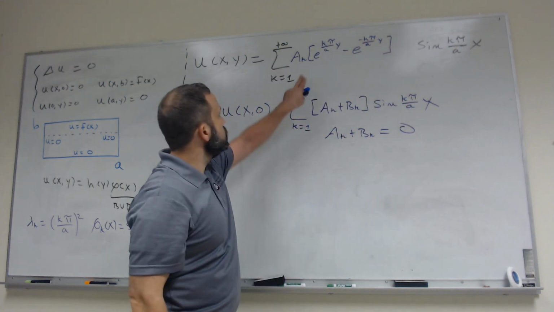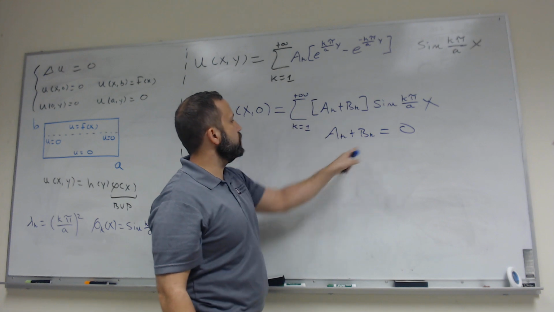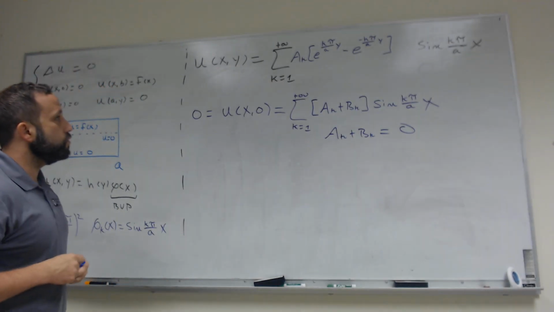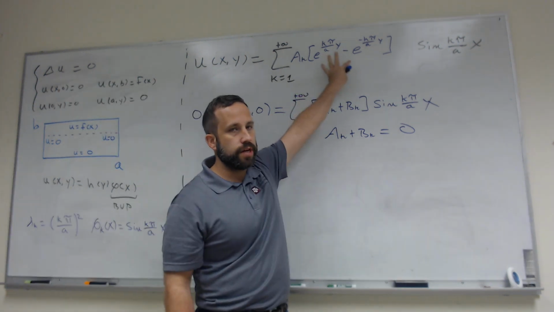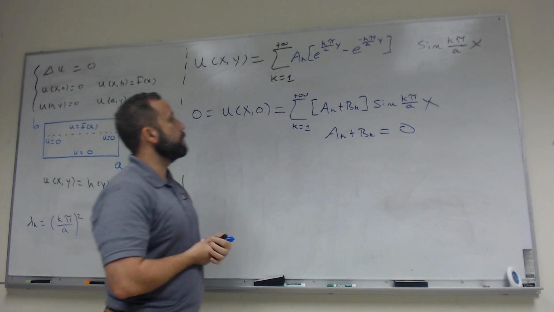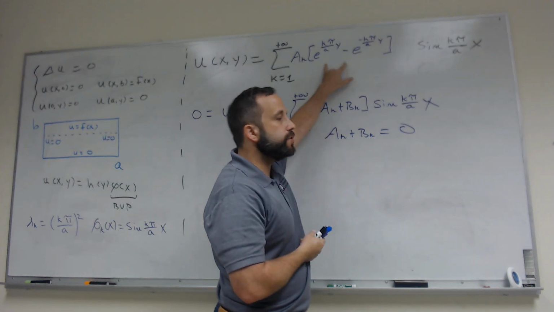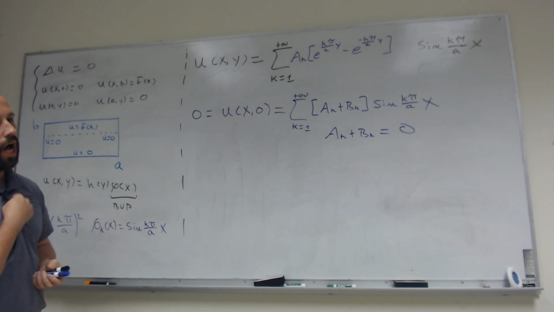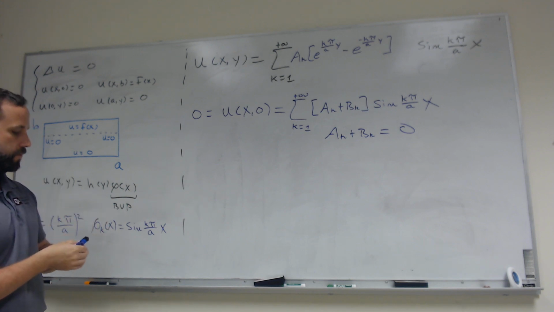Okay, because minus AK is equal to BK, and this says AK is equal to minus BK. If you want, you can write this in terms of hyperbolic sine. What's the only difference between this and a hyperbolic sine? Well, we should divide by 2, but that 2 can just be absorbed into the constant. I'm not going to do that, though.